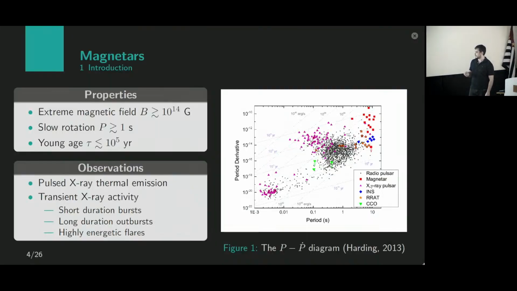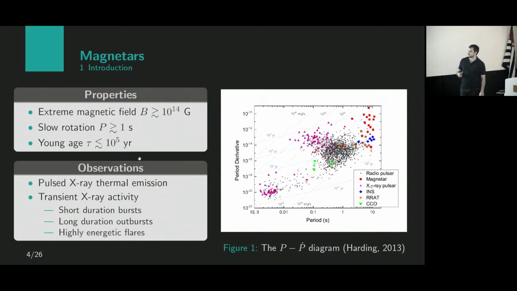To start with, I'm going to explain a little bit what magnetars are and why we are interested in them. So magnetars are a class of neutron stars, which have some extreme properties: extreme magnetic fields, the highest encountered in the universe, relatively slow rotation compared to other classes of neutron stars, and very young age due to their very fast magnetic braking.